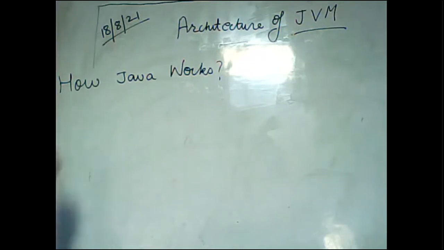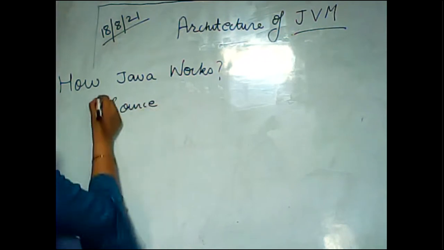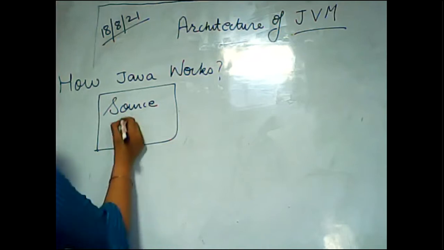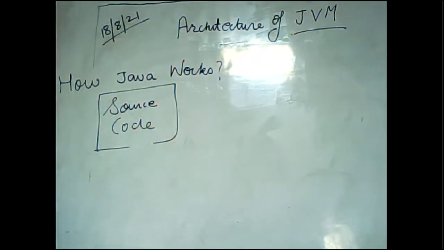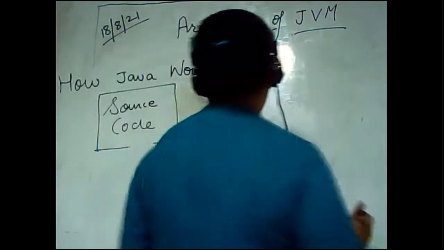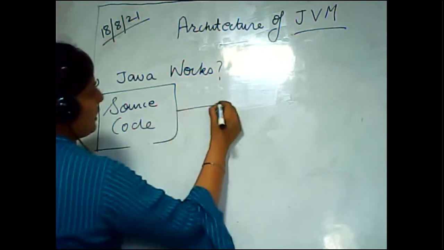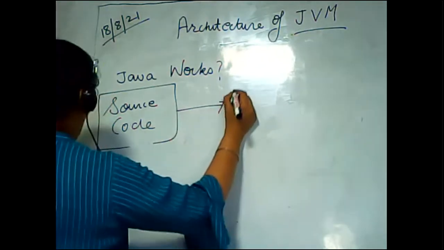As you know, while typing or giving instructions in any language, first of all what we require is a source code. The first thing we require in any type of language, from where we start doing the programming, is the source code. Now here, our Java compiler will convert this source code to the bytecode.